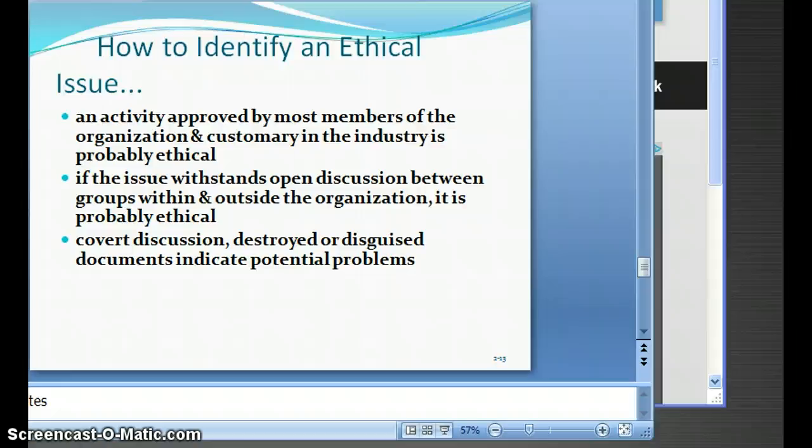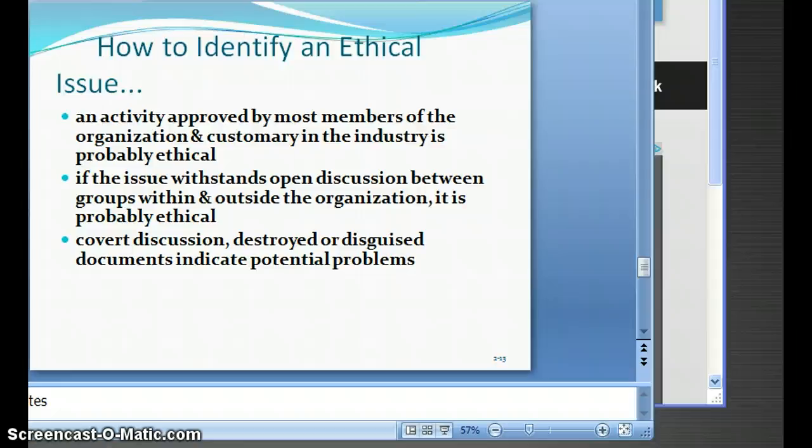If it is an activity, or a way of analyzing an activity, that is not customary, or that you feel may be different, then you would have identified an ethical issue, and that would be one of them. Next, when you look at that issue, if the issue withstands open discussion between groups, meaning within and outside the organization, or between you two as consultants, then it's probably ethical.